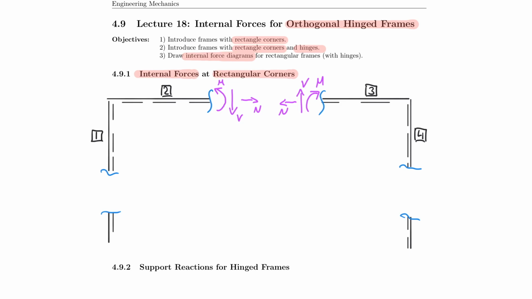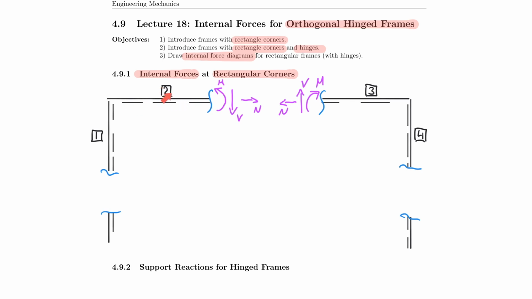Now, for the first time, we're actually dealing with vertical members here, member 1 and member 2. And again, the reference fiber tells us what to do next. Keep in mind that the reference fiber pretty much tells us the direction of the positive and negative y-axis, but also tells us where x is positive.